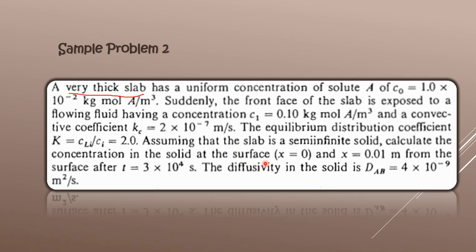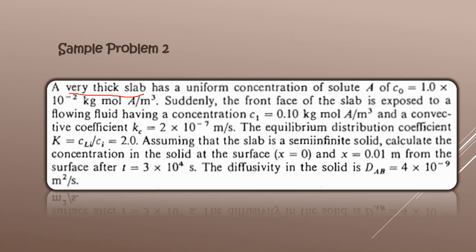So we are to determine the concentration at x equal to 0 right on the surface, and at x equal to 0.01 meter from the surface after 3 times 10 raised to 4 seconds, equivalent to 30,000 seconds. Now, we are also given in the problem the diffusivity of the solid, which is 4 times 10 raised to negative 9 meters squared per second.